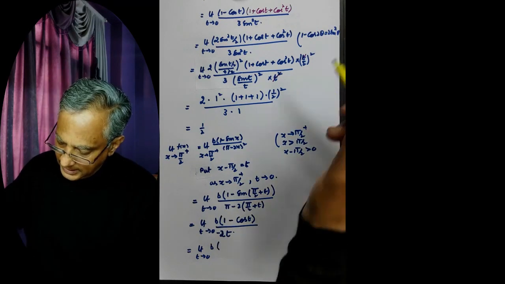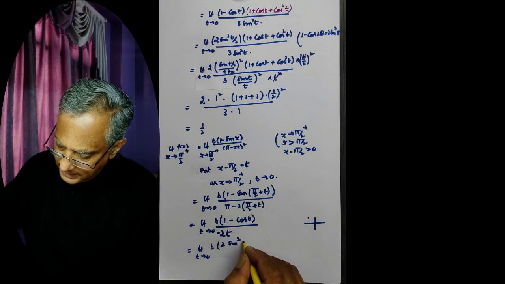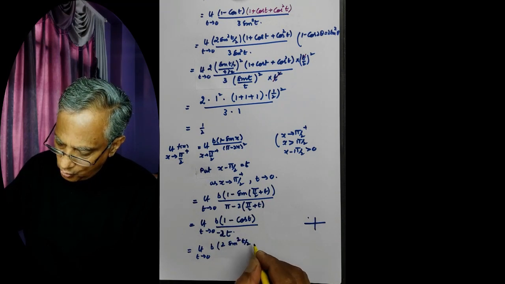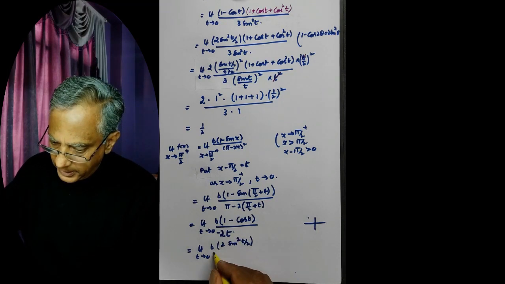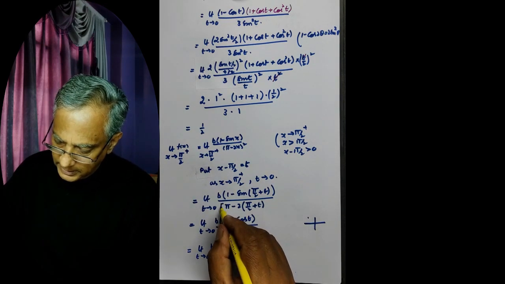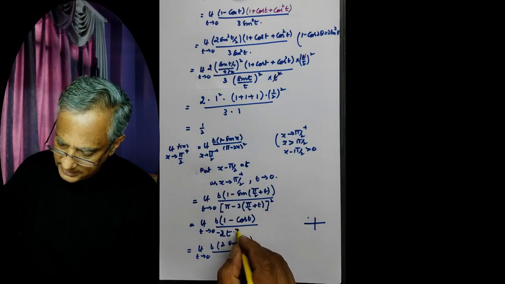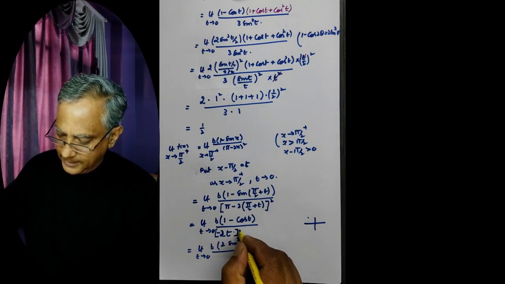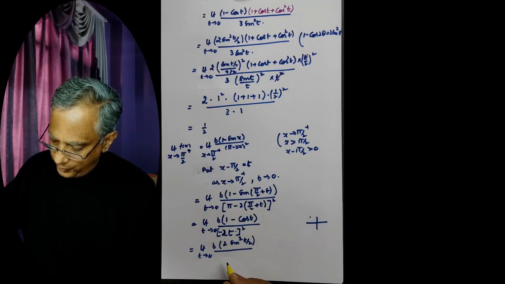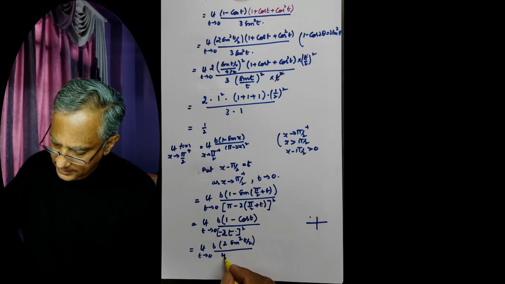So we can write this as 2 sine square t by 2, whole divided by, sorry, there is a square here. So we have this, and this will be square. So we have this, and here we get 4t square.